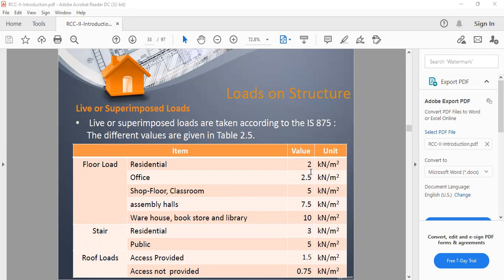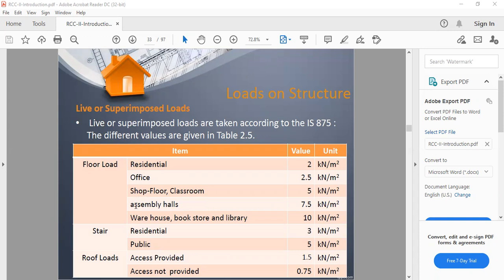different loads. Now we'll consider the live load. If we look at IS 875, the floor load can be for residential, office, shop, assembly hall, and warehouse.